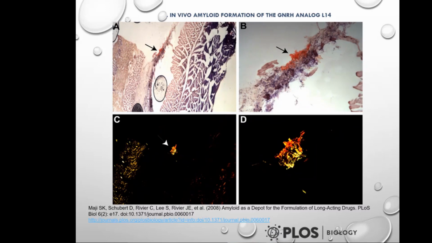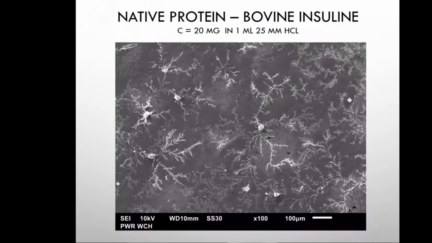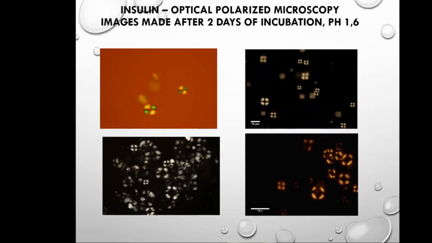This is one of the photos of how it is observed, the plaque formation of the proteins, which can then be detected. How did we study it? This is a very simple example of bovine insulin, with which we want to mimic the in vivo conditions. This is a picture of the native structure.